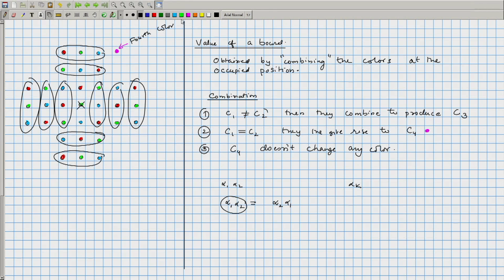Now here is a crucial observation, which is where we use the invariant property. Moves do not affect the value of the board.